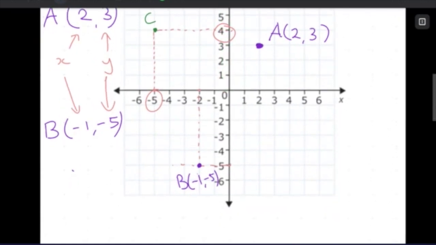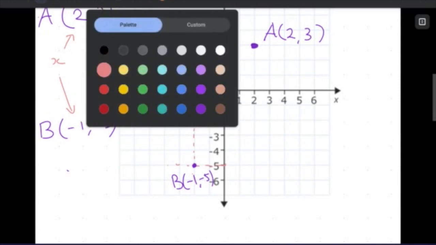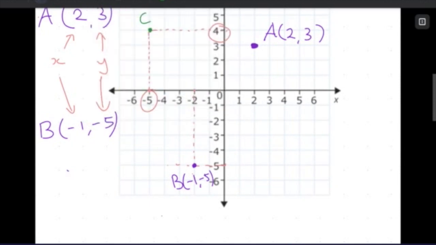So, therefore, I can say my location for point C is -5 in the X direction. And it's customary for X to come first, like we've seen in these two examples. And I am +4 in the Y direction.